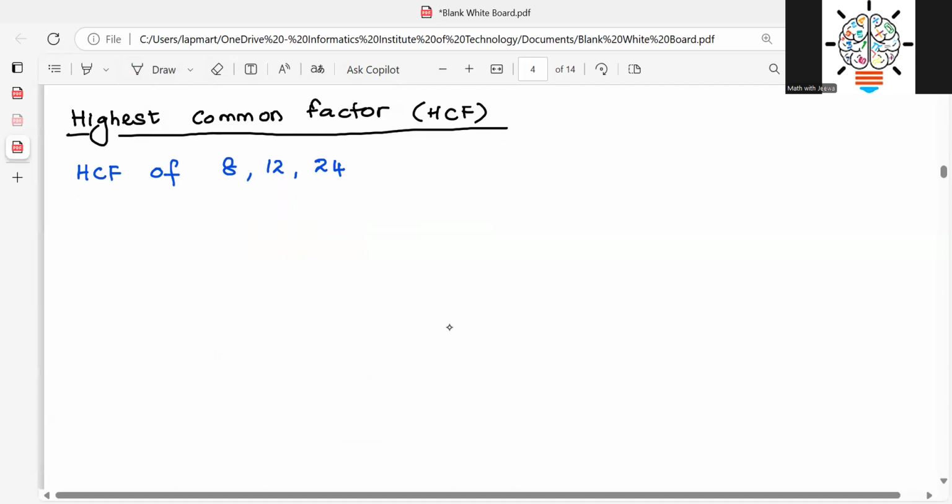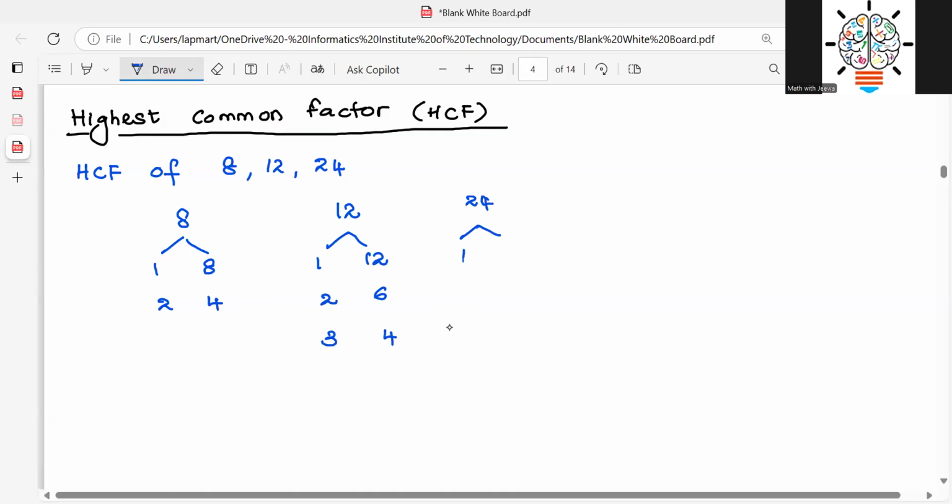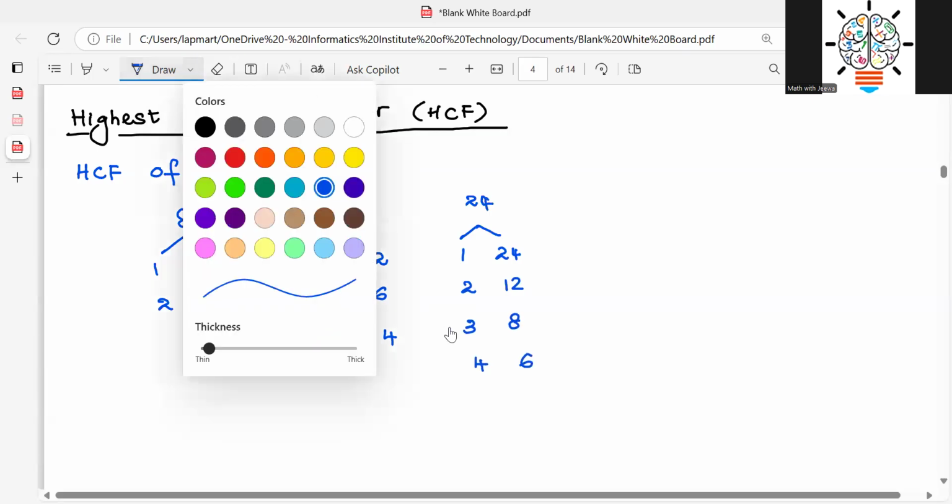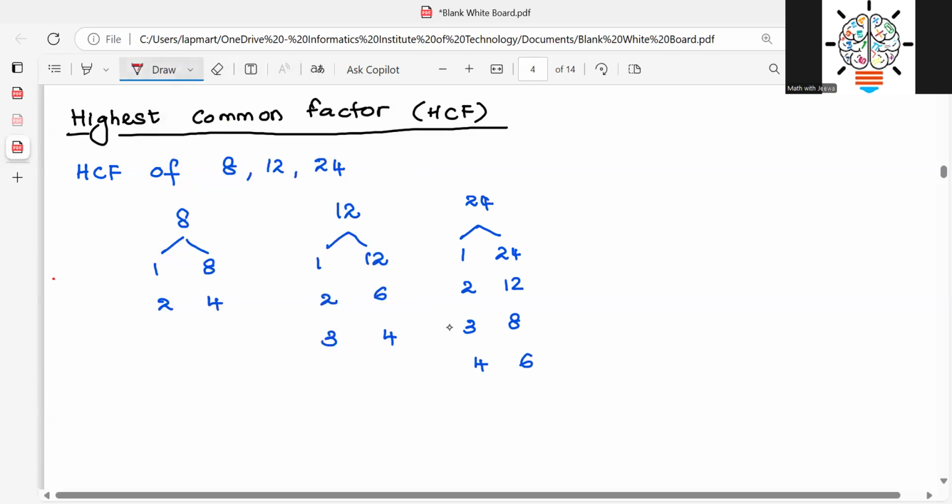When you have such a question, children, quickly you list down the factors of 8, 12 and 24, right? Quickly you can do this. 1 times 8, 2 times 4; 1 times 12, 2 times 6, 3 times 4; 1 times 24, 2 times 12, 3 times 8, and 4 times 6. Then you pick the common factors here.